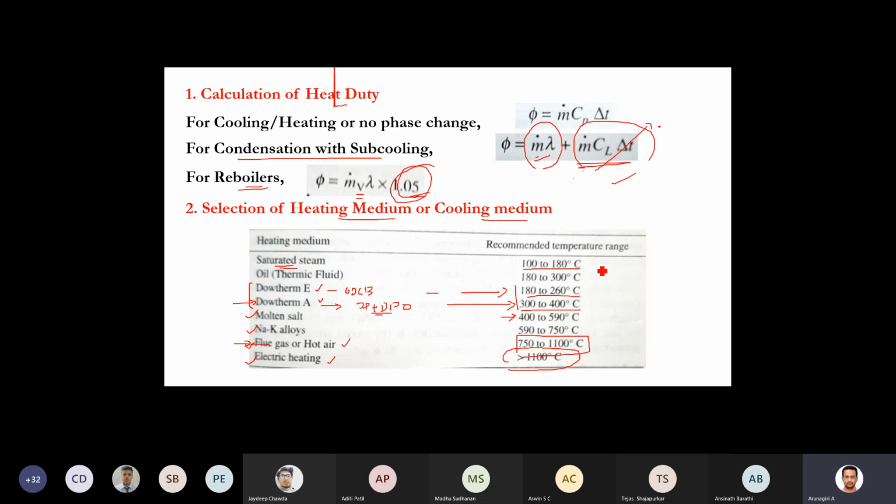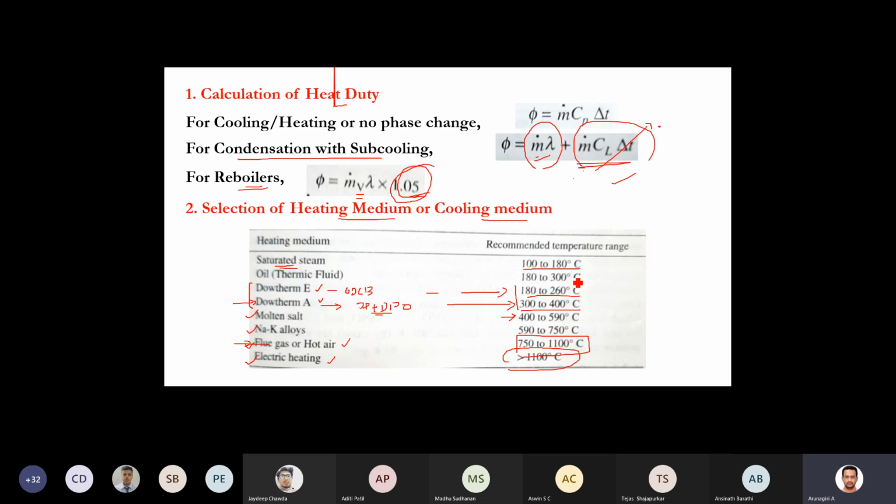Okay, so most of the time we will go for saturated steam as the heating medium, when the temperature range is around 100 to 180 degrees centigrade. If it goes more than 180 degrees centigrade, using saturated steam is not preferable, as the cost of the steam at higher temperatures will increase. That's why you have high pressure steam, medium pressure steam, low pressure steam.